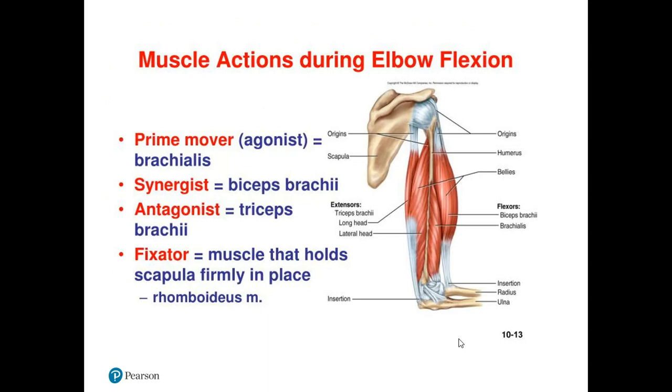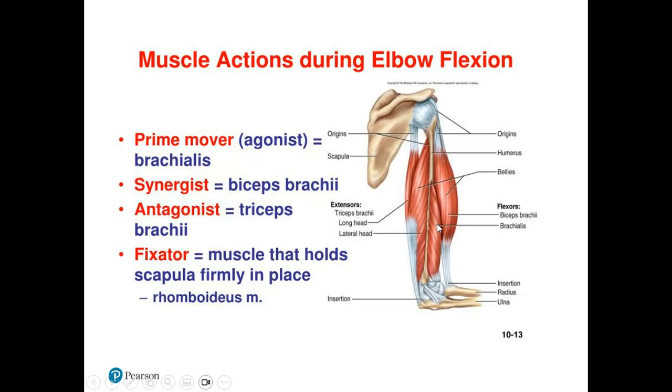Here is a good example of all of these things being used to explain how elbow flexion, or flexing the elbow, works. A good example here is looking at the muscles of the brachialis, biceps, triceps, and other muscles. In this image, we see that your brachialis is going to be your prime mover.